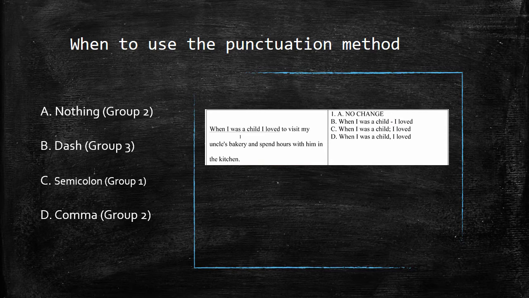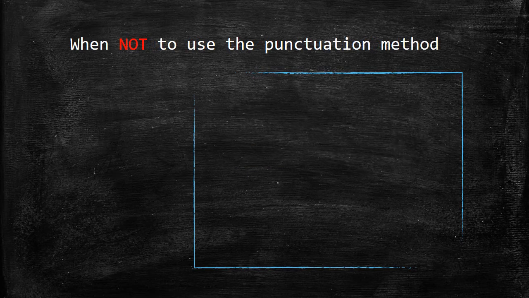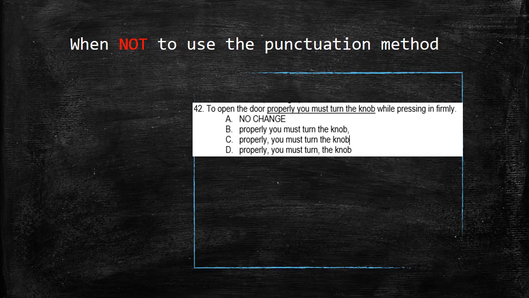When not to use the punctuation method. So in a question like this right here, you can see, yeah, it's about punctuation, right? But it's about commas. And really, that's when it's always going to be where you're not using the punctuation method, when it's all about commas. Now, you do want to check the commas to see if at any point there is a fanboy after the comma, right?